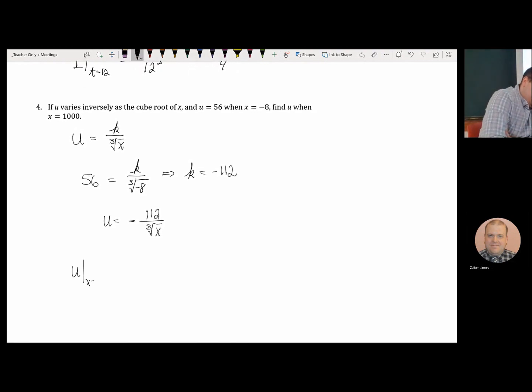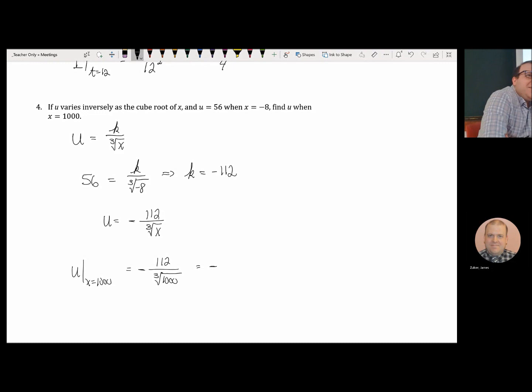Now find u when x is 1,000. What is the cube root of 1,000? Oh dear. 10? We don't know our decimal bases.